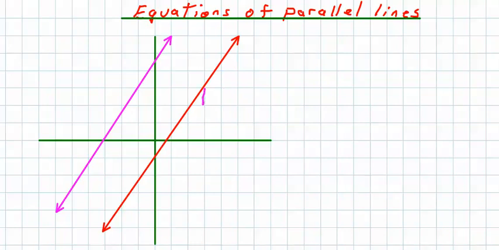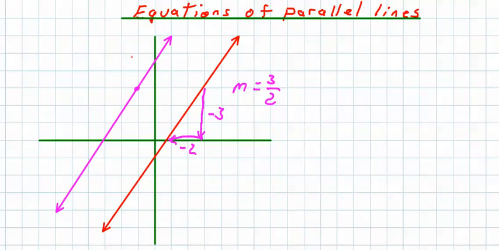This line, I go down 3, left 2, down 3, left 2, negative and negative. My slope is 3/2. Here, I find a point. We'll use this point right here.